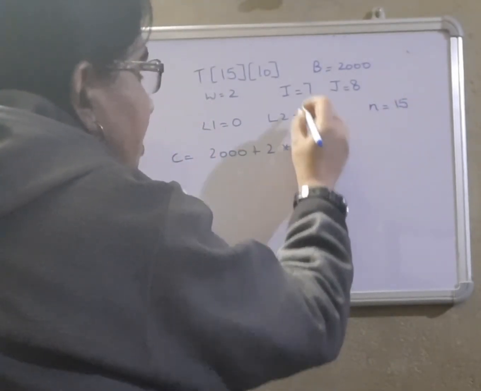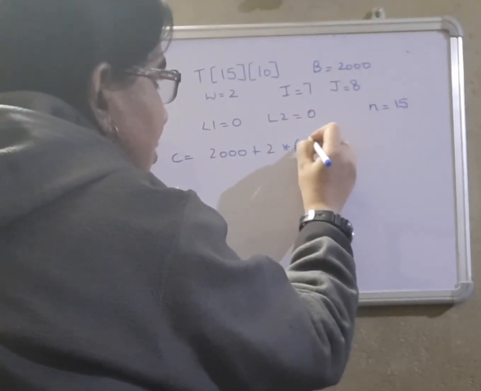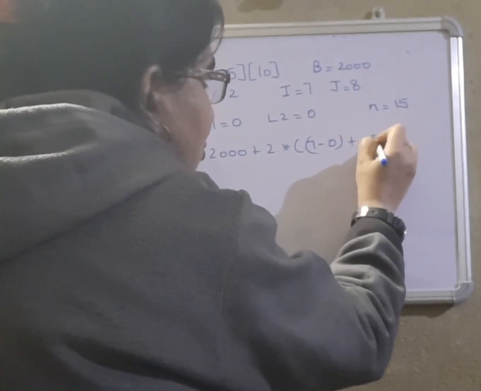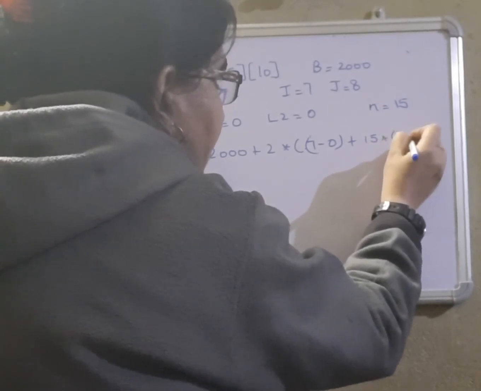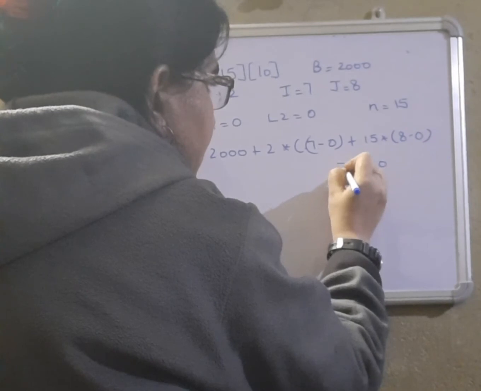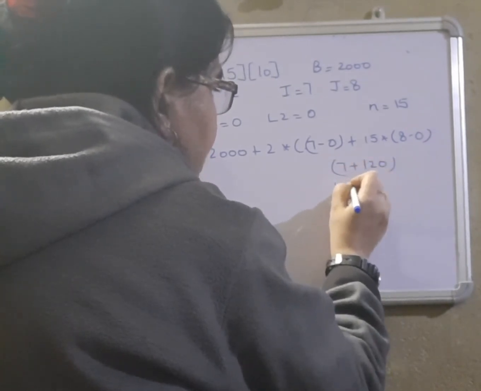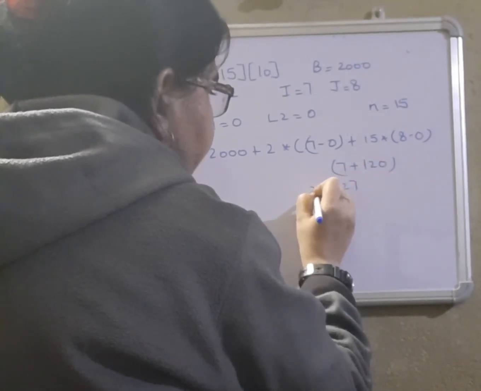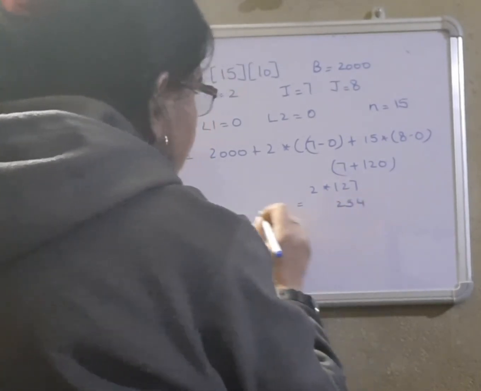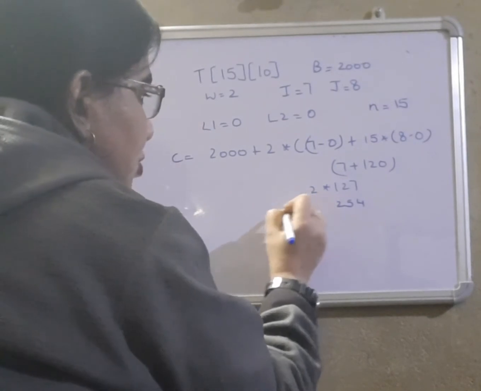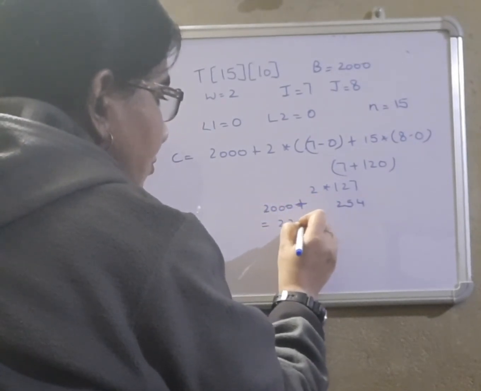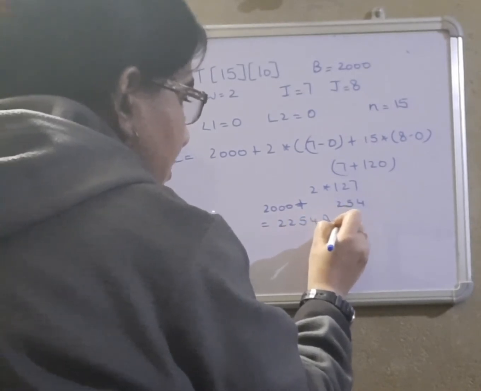So I is how much? 7. 7 minus 0, that means I minus L1. 15 into 8 minus 0, which becomes 120. Plus 7, 127 into 2, which becomes 254 plus 2000, which gives 2254 as the answer.